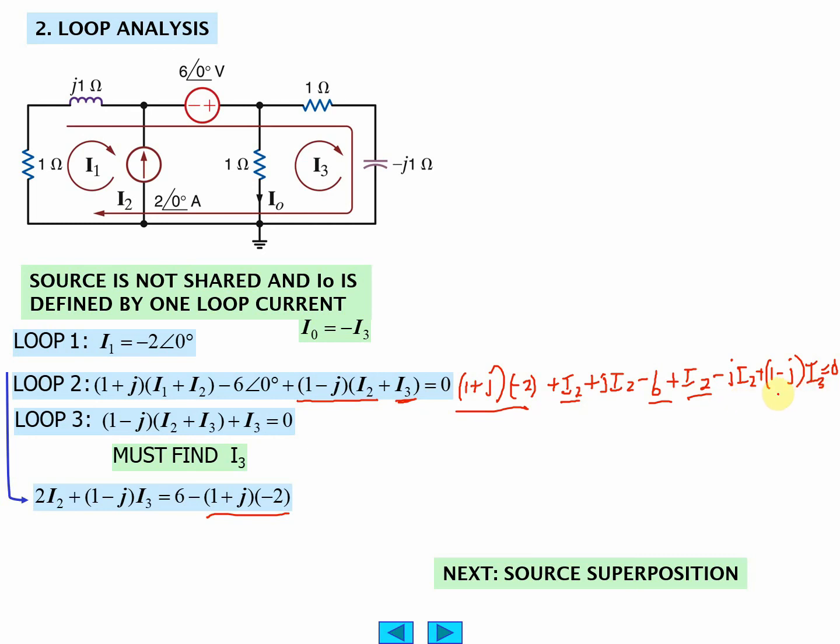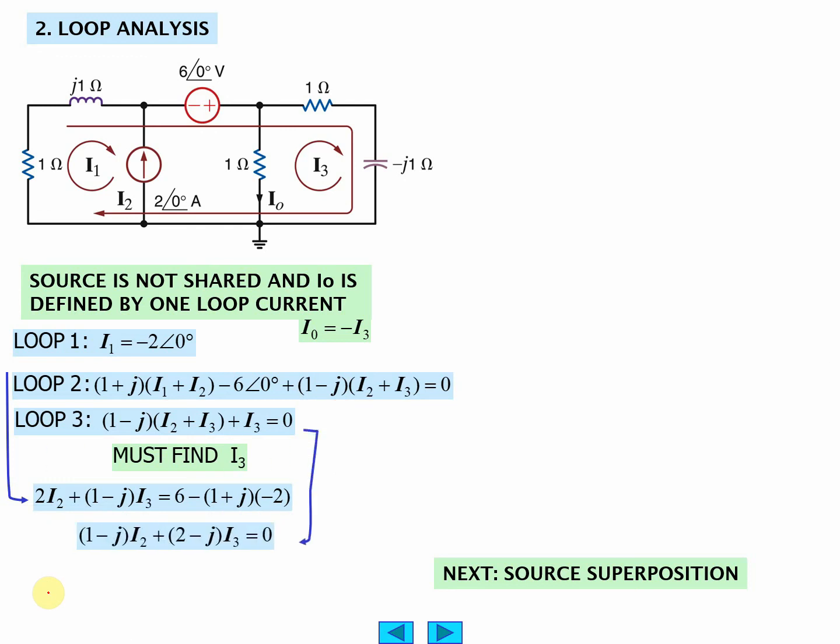Here we go, here's the 1 minus j I3 right there. And jI2 and negative jI2 cancel out. So we can see where they get this equation from, right down there. Sometimes the book author skips over a little too fast.